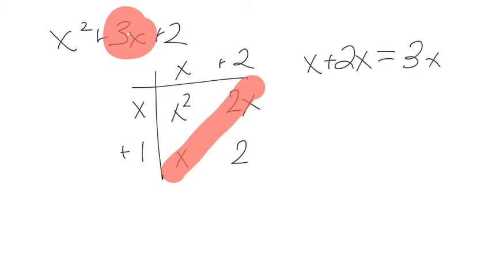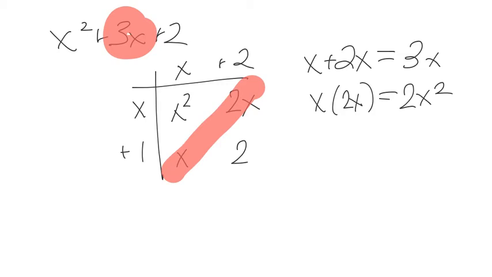However, if I look at the same terms, x and 2x, I can multiply them, and x multiplied by 2x equals 2x squared. Well, so what, you say? Who cares about that?